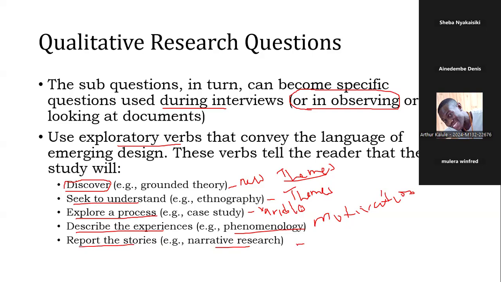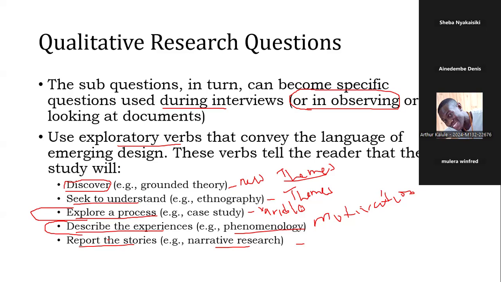So depending on what it is you're looking for, most of the time our research in ICT falls under exploring a process and describing experience. If it is qualitative in nature, we're trying to explore a particular process or processes further to understand them better in a particular case, or even describe the experience further, let's say, of applying enterprise architecture in a particular case.